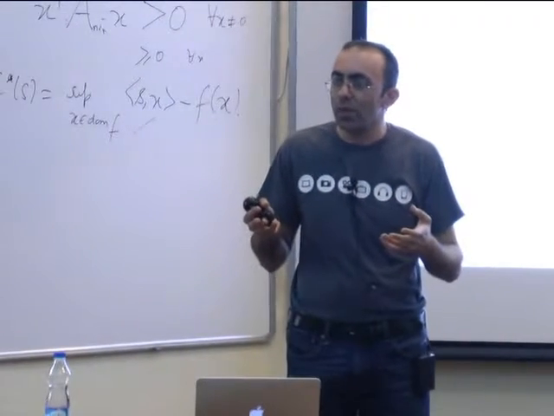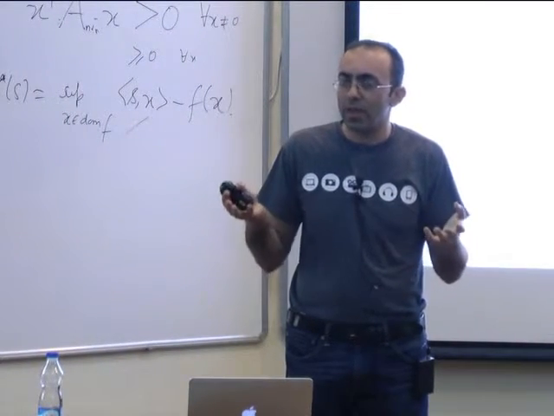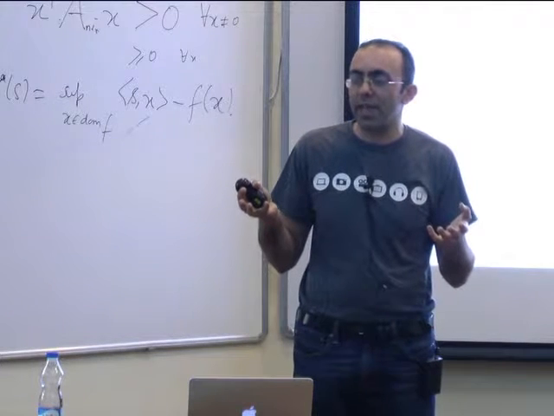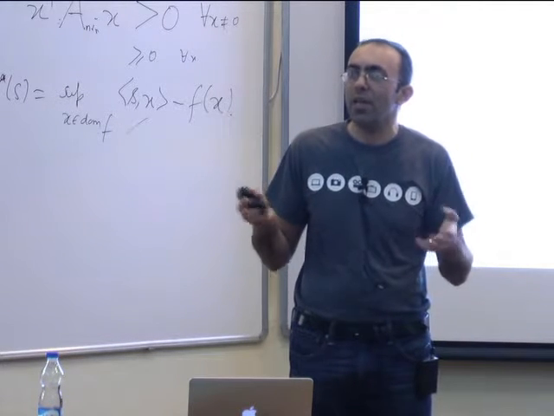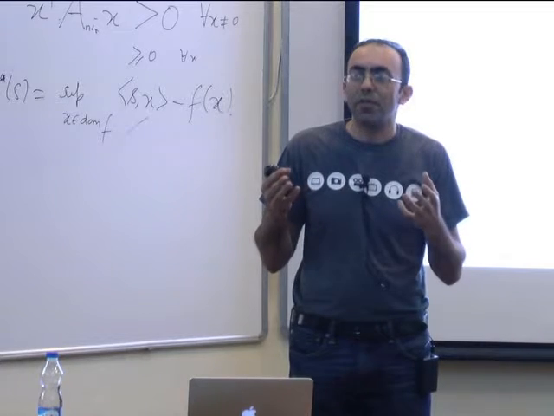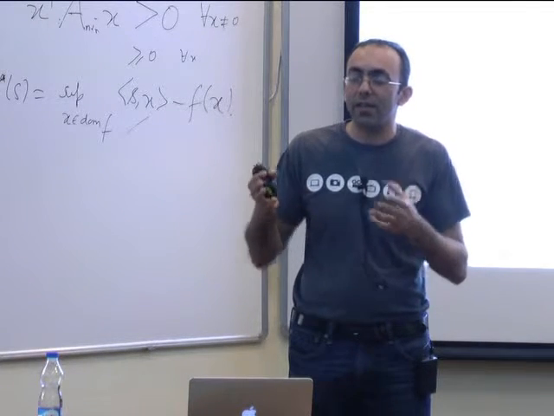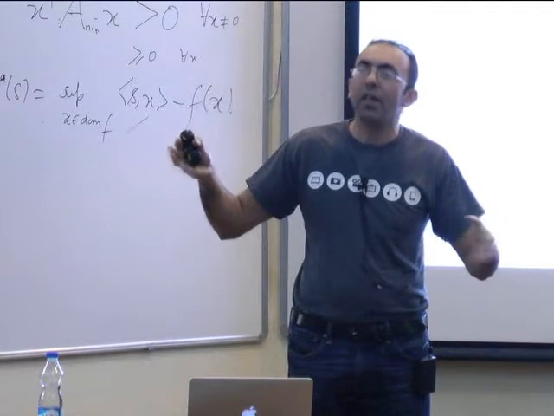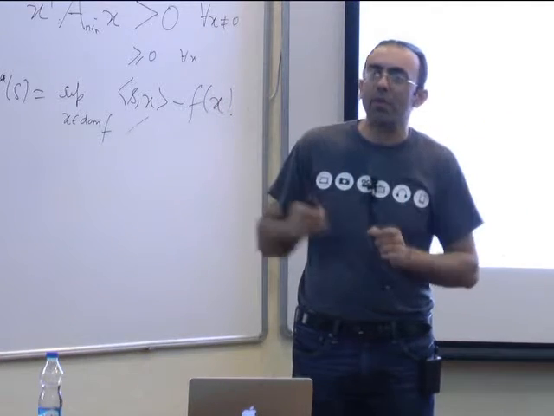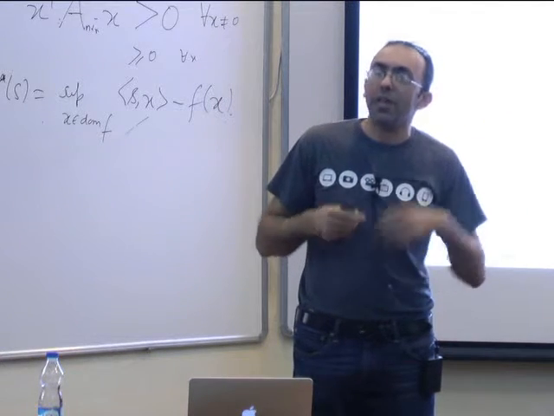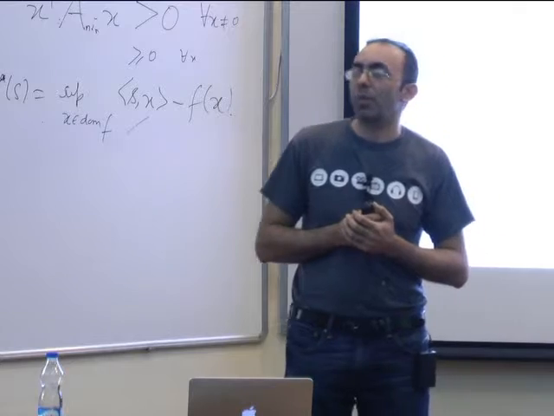Gradient having 0 was our standard way of detecting optimality for differentiable functions. Using subgradients rather than gradient, we have the entire subdifferential set. If 0 happens to be a member of the subdifferential set at a point, then that point is optimal.